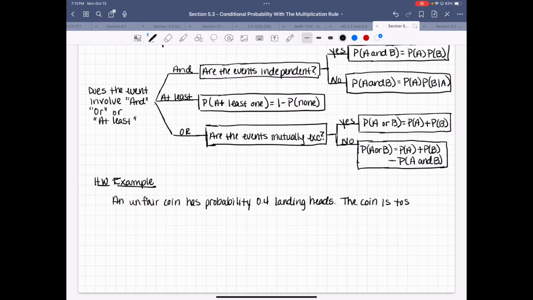The coin is tossed 7 times. What is the probability that it lands heads at least once?